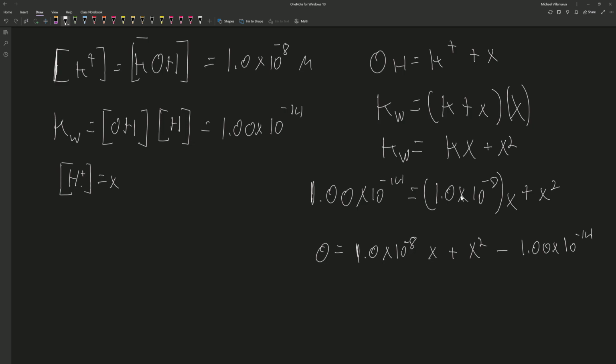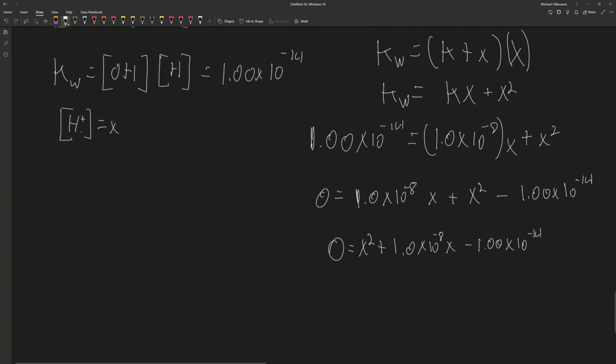We arrange this a little bit differently: x squared plus 1.0 times 10 to the negative 8th x minus 1.0 times 10 to the negative 14th equals 0. You see that we have a quadratic equation.